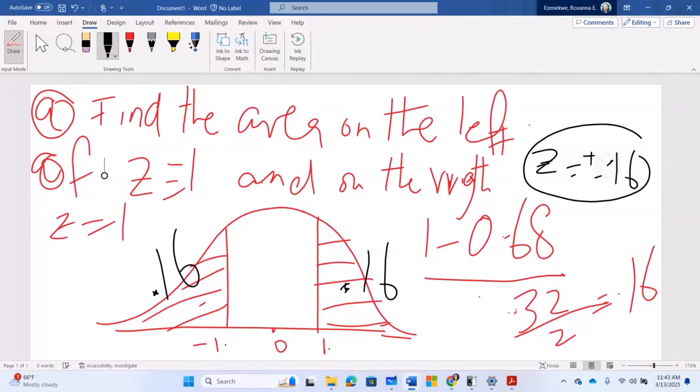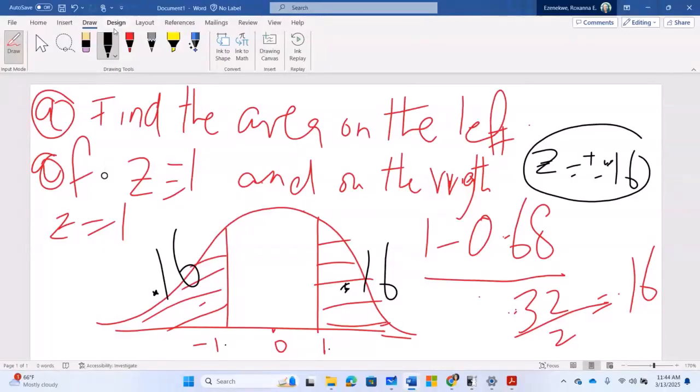So the area to the left is 0.16, area to the right is 0.16. The normal curve is symmetrical. That's an example of a question in normal curve only.